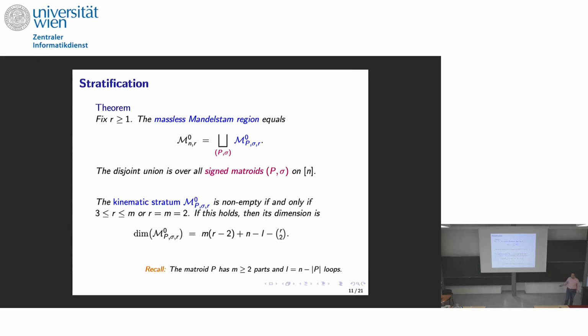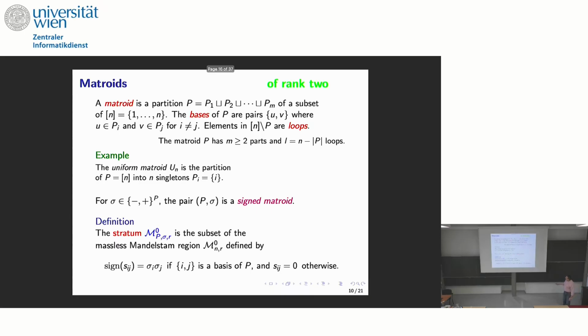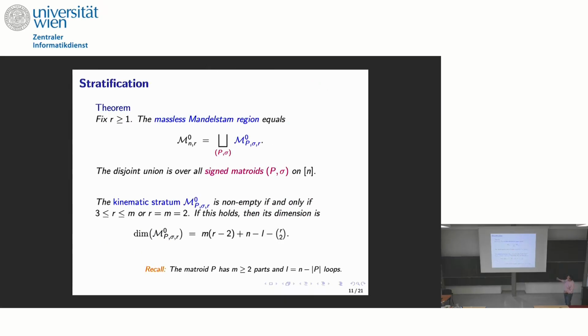So the signed matroids, as defined on the previous slide, index the pieces in this massless Mandelstam region, and the pieces are given by the signs of the entries, but the allowed signs of the entries come from the combinatorial description that I had on the previous slide.